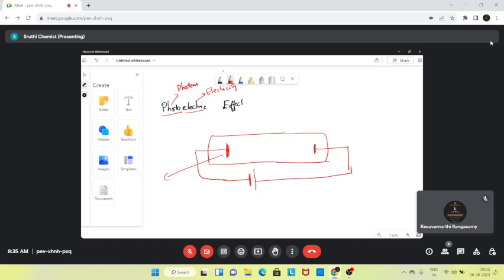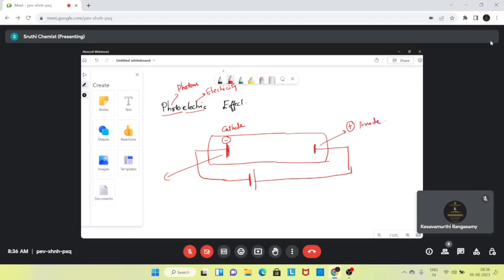The negative terminal is connected to the plate, that means this is our negative electrode. What is a negative electrode called? Cathode, right? This is our cathode. The positive plate is connected to the positive terminal, so this is your positive electrode, which is called the anode.